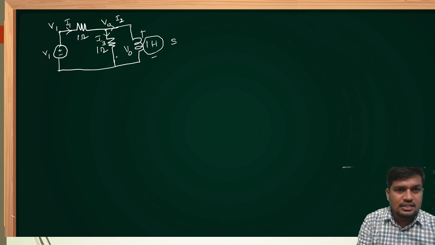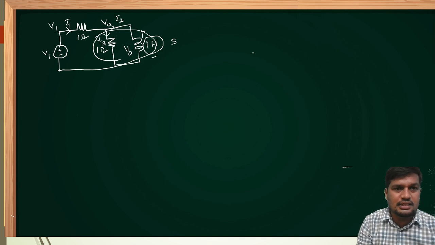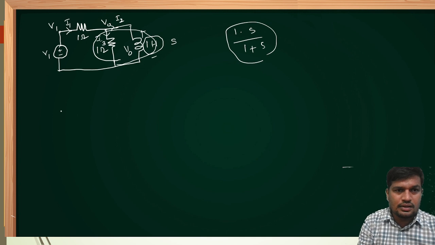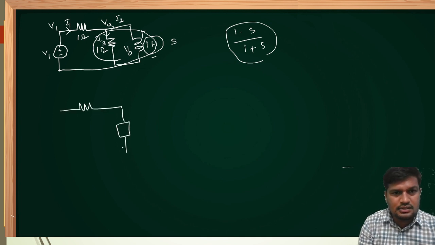Dear friends, in this case, as these two elements are in parallel, what is the impedance? 1 ohm is in parallel with S, therefore it is 1 into S by 1 plus S. Now the circuit is like this: this is the resistor and this is the impedance, which is S upon 1 plus S, and this is the voltage source V1.